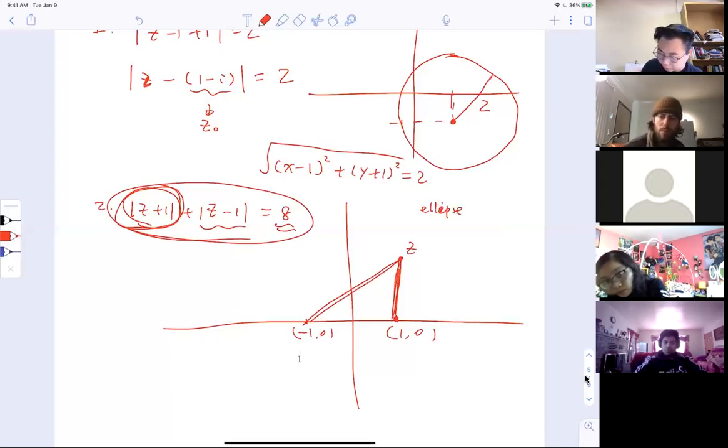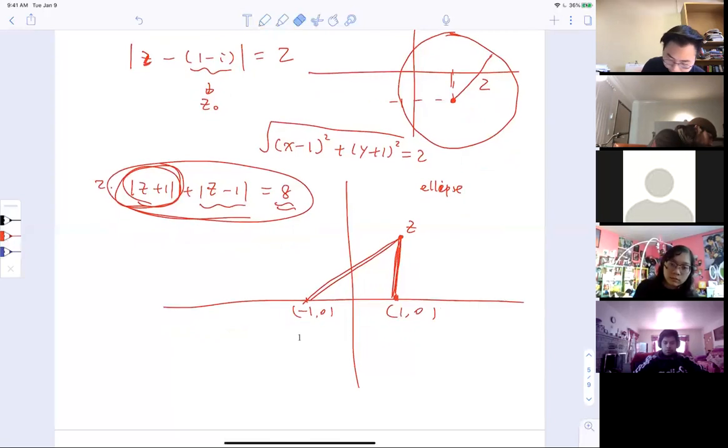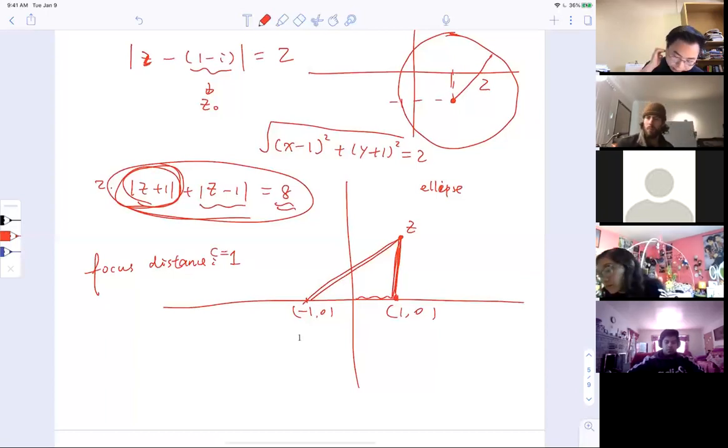I think so. And the focus distance, sorry, what's the focus distance? It is 1. We just set c equal to 1.